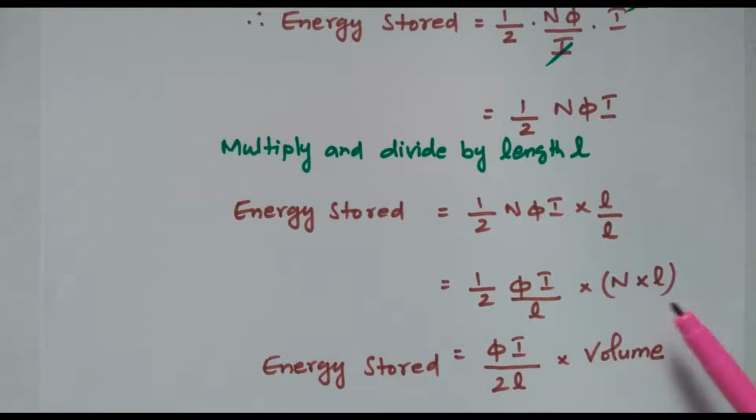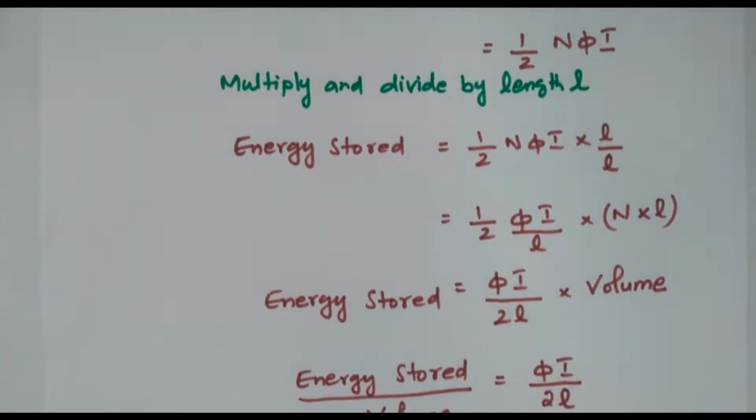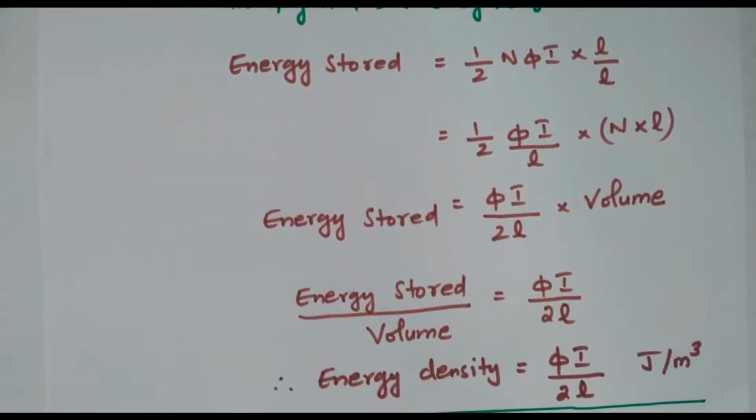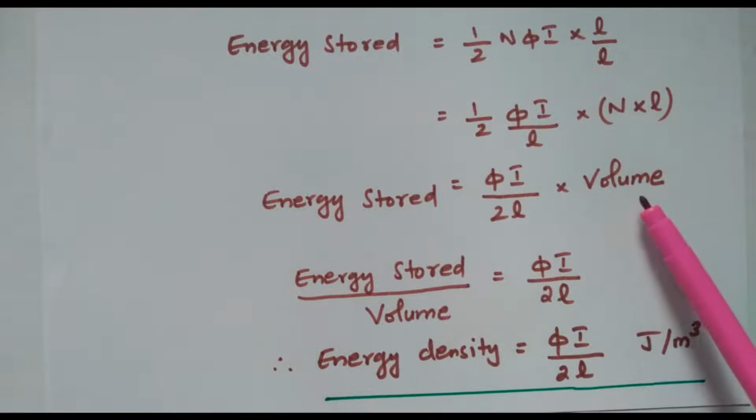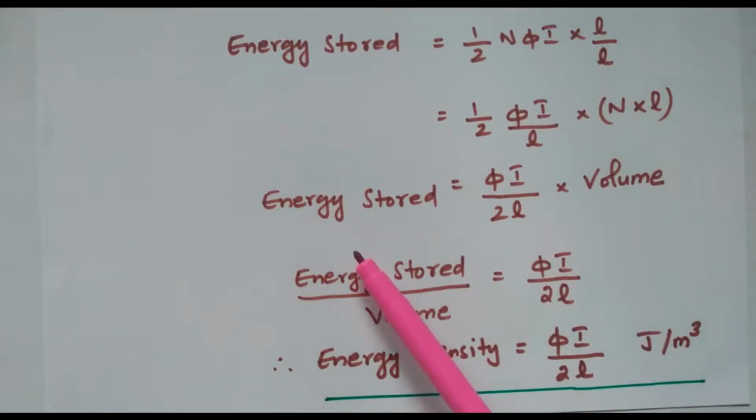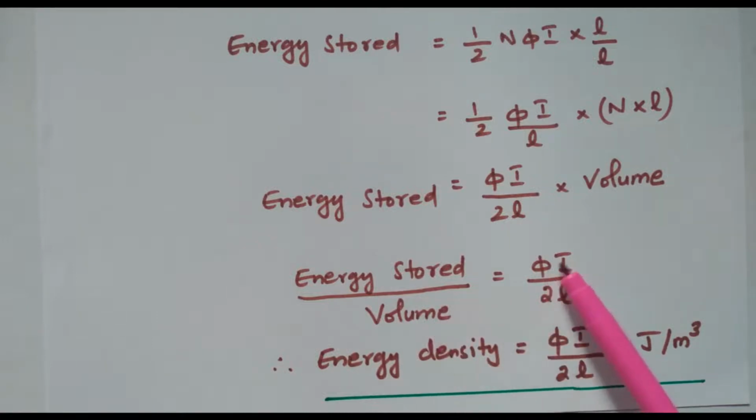Number of turns multiplied by length is nothing but a volume, right? Now bring this volume to the denominator on the left hand side. Energy stored by volume equals phi I divided by 2l. What is energy stored by volume?